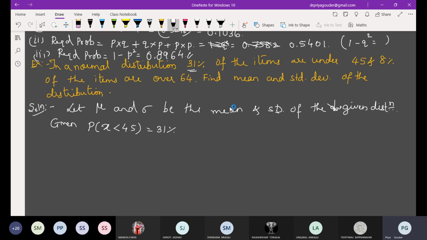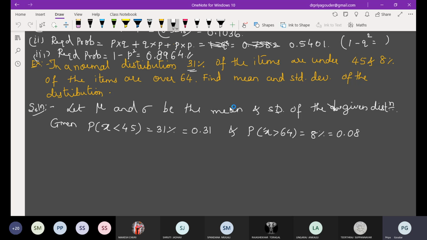Yes, ma'am. 31% means 31 divided by 100, 0.31. And also, what is the next condition given? Probability of X greater than 64 is given as 8%, which means 0.08.